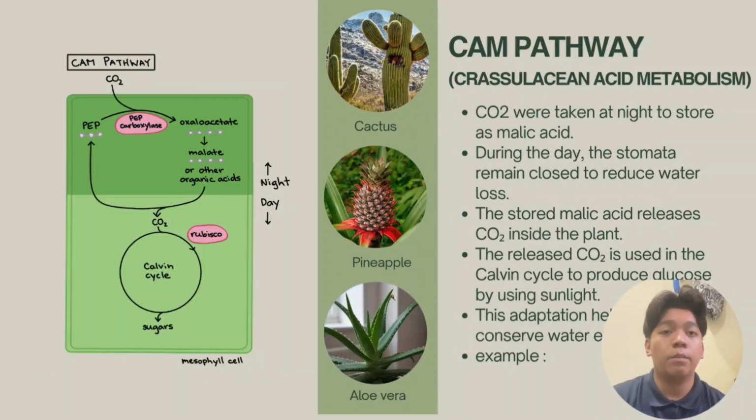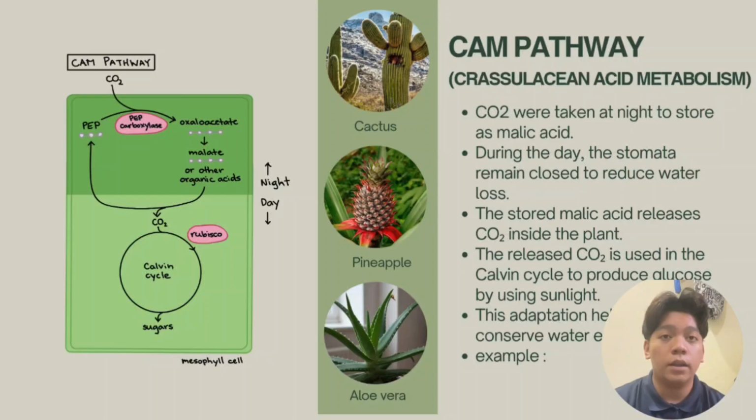Next is the CAM pathway, which stands for crassulacean acid metabolism. CAM plants take in carbon dioxide at night and store it as malic acid during the day. The stomata remain closed to reduce water loss.